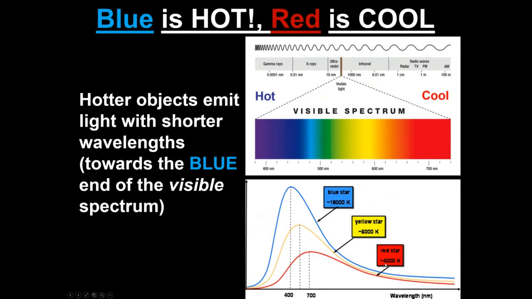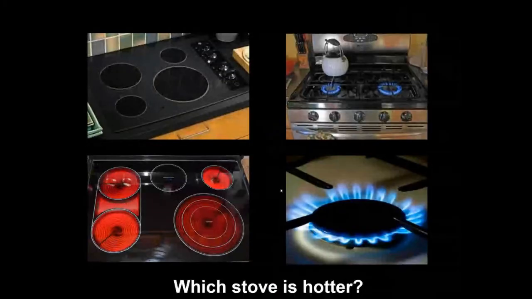Cooler stars are red, the hottest stars are blue. The hotter the object, the more it peaks to the shorter wavelength, to the blue, even to UV. So there are stars that are 18,000 degrees or more, and those stars are blue, whereas the cool stars are more red.